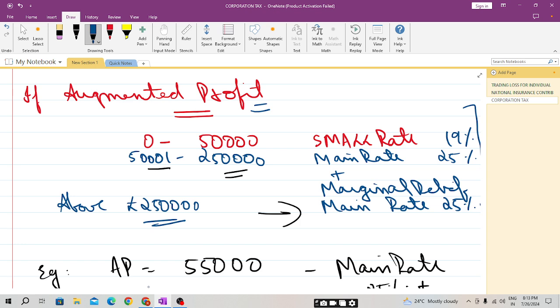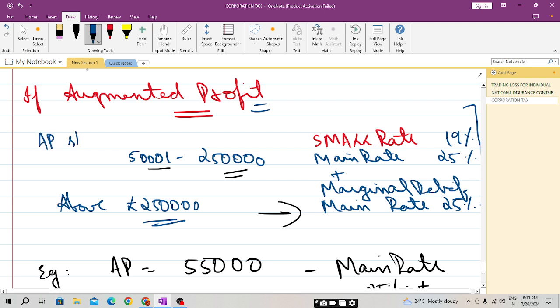That means the augmented profit should not reach or exceed 50,000. So let's make a clear-cut idea of this. Augmented profit should be below 50,000 pounds. I hope this is clear.